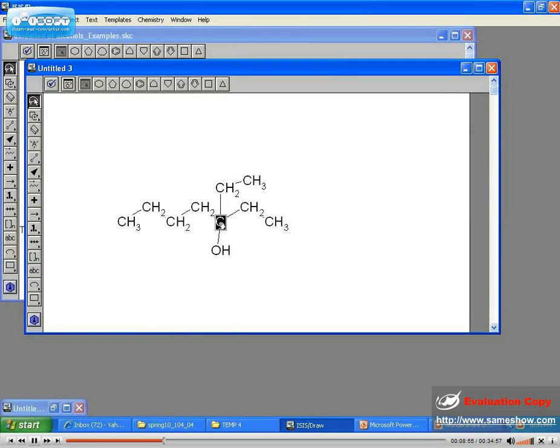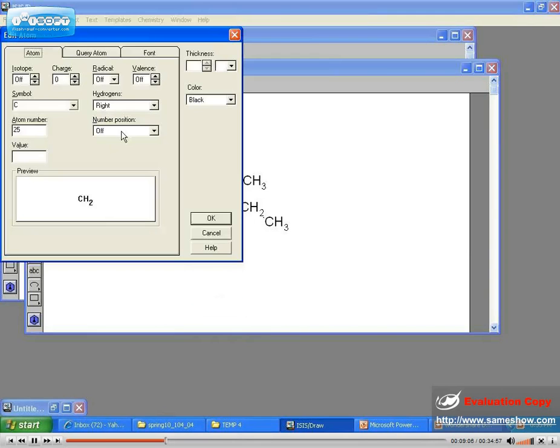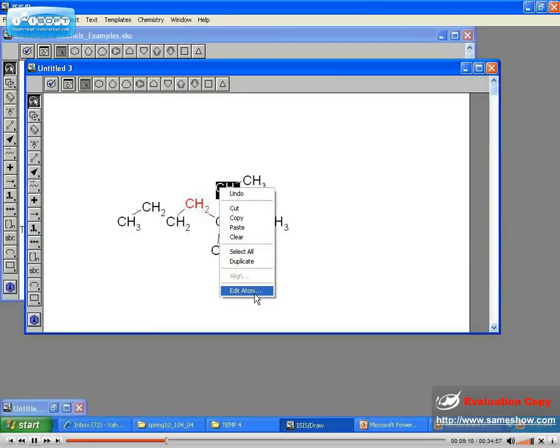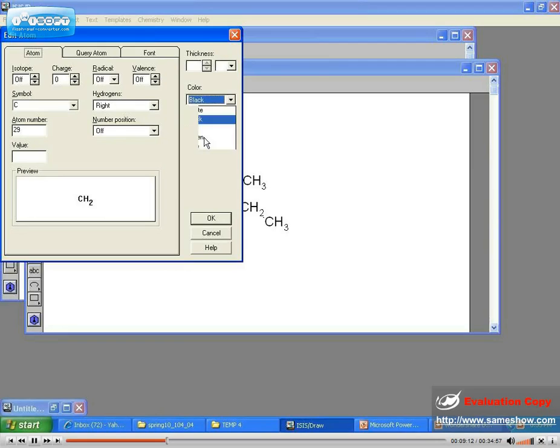So this carbon is connected to 1, 2, 3 other carbons. I'll go ahead and highlight the carbons in red. So therefore, it's a tertiary alcohol.